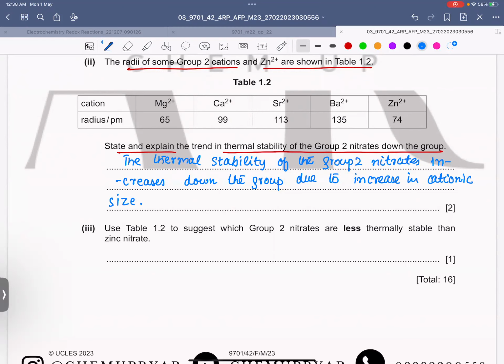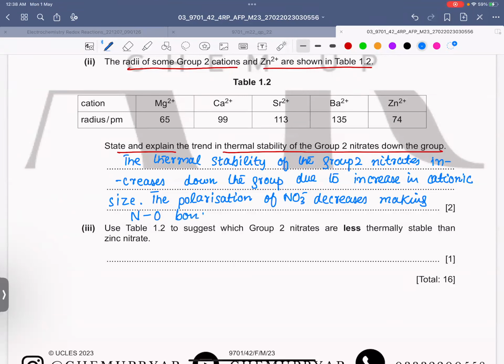And as the cationic size increases, what would happen? The polarization of nitrate ion decreases, making the nitrogen and oxygen bond more stronger.